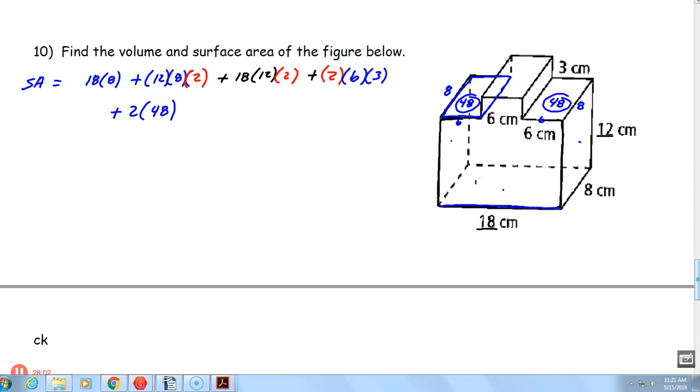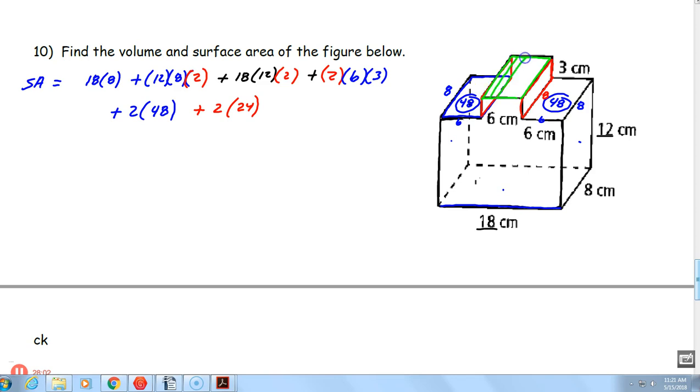And then I can't forget about this little sliver going up. And then over here, I got one going up that we can't really see. It's hidden back there. And that one is 8 deep by 3. So I got a couple 24s. Good Lord. Who picked this problem? And then on the top, I haven't done this one yet.